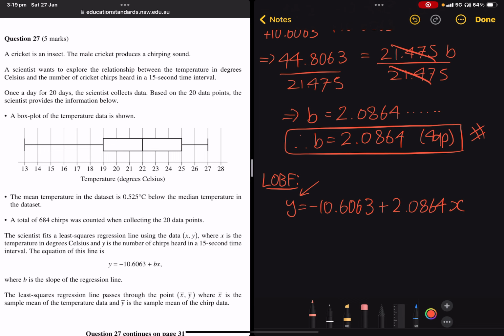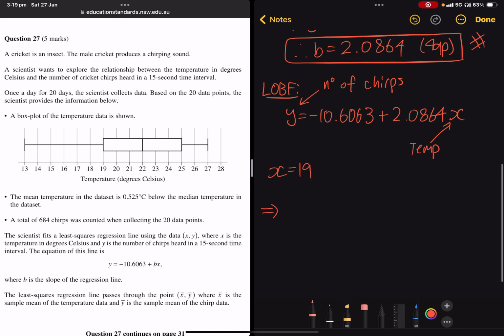Well, y is the number of chirps, and x is the temperature. So we're just going to let x equal 19 and solve for y. So we've got y is equal to minus 10.6063 plus 2.0864 times 19.